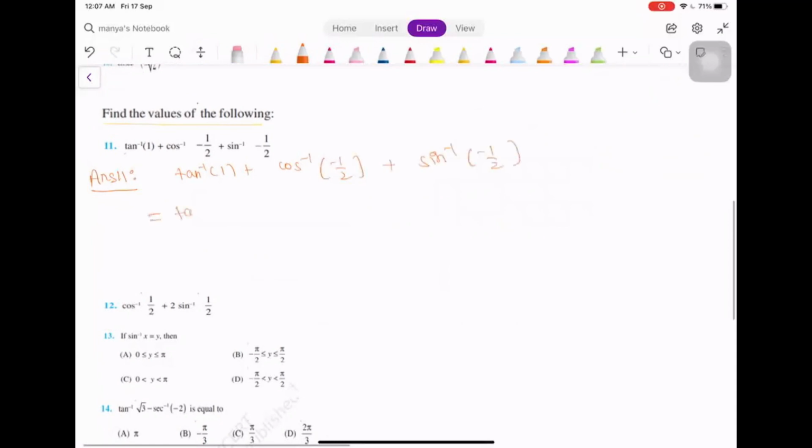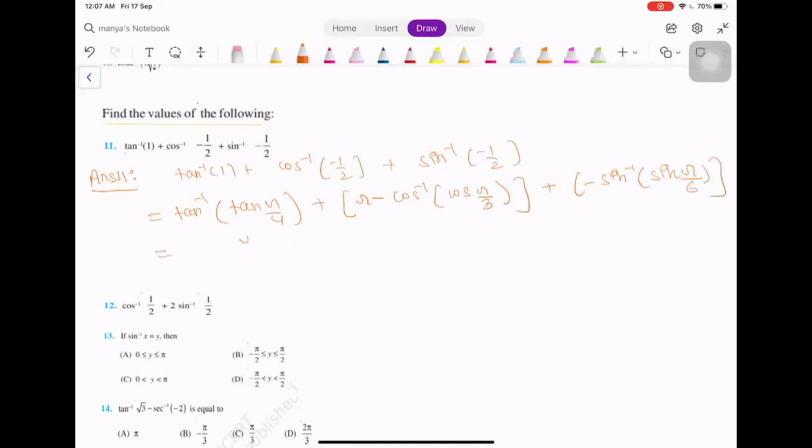So tan inverse 1 we can write as tan pi by 4, plus, since cos has a minus inside, this becomes pi minus cos inverse cos pi by 3, plus, since sine has a minus outside, minus sin inverse sin pi by 6.